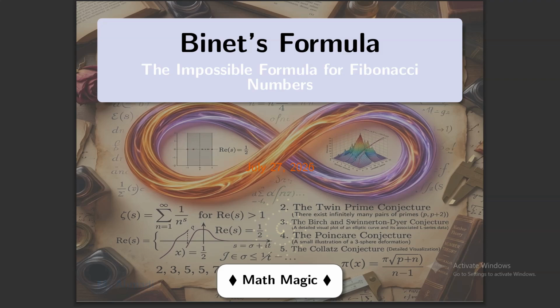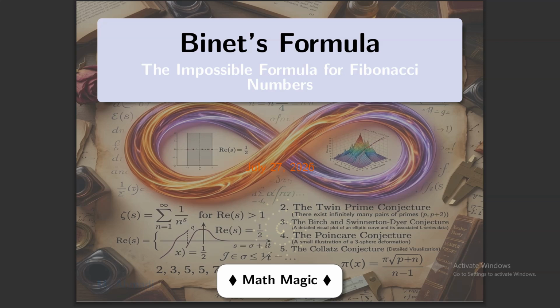Hello everyone. Today we are going to explore one of the most beautiful and surprising formulas in all of mathematics: the Binet formula for Fibonacci numbers. I call it the impossible formula because it does something that seems absolutely impossible. It uses irrational numbers to generate exact integers.